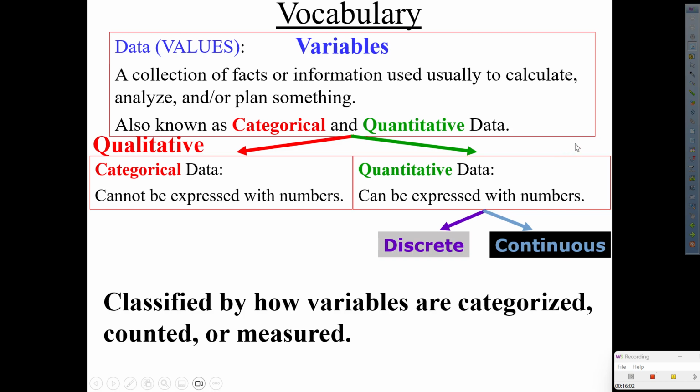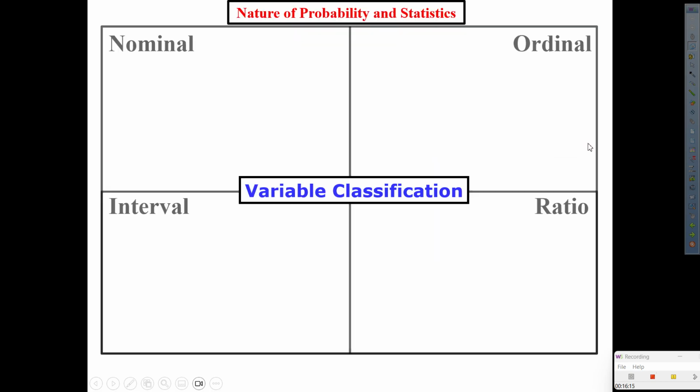So copy this for your model, please. Write variable classification. On the top left, you write nominal, top right ordinal, bottom left interval, and the bottom right ratio. These are the 4 different ways we're going to be classifying some of the data and variables that we get. Okay?